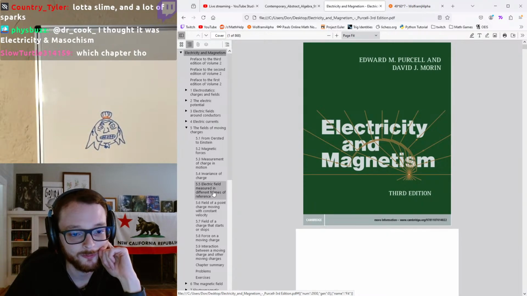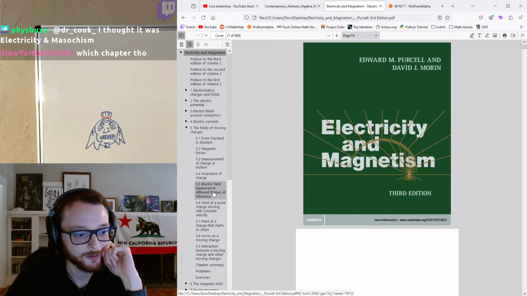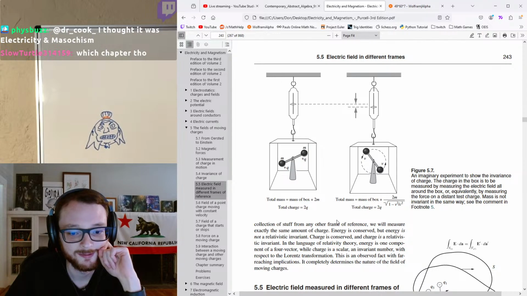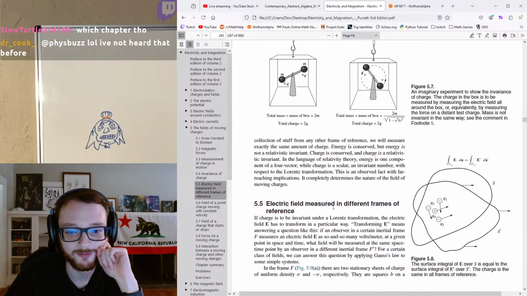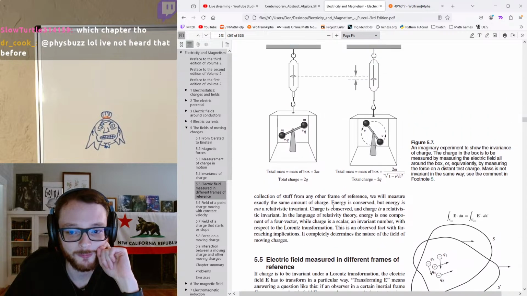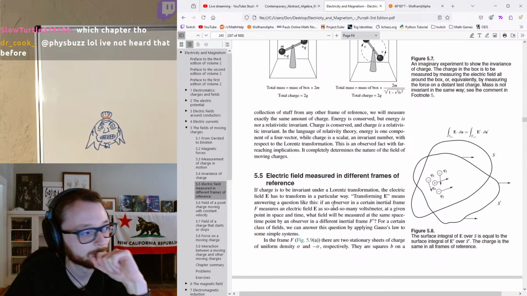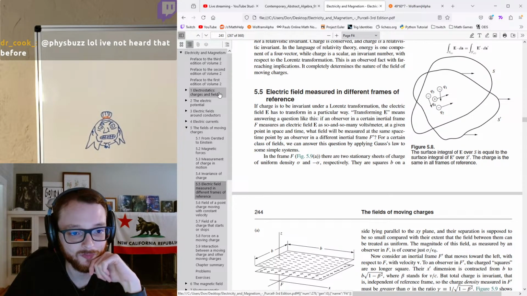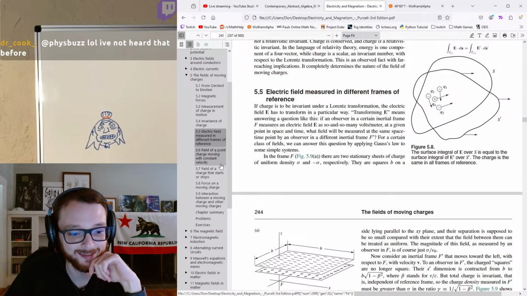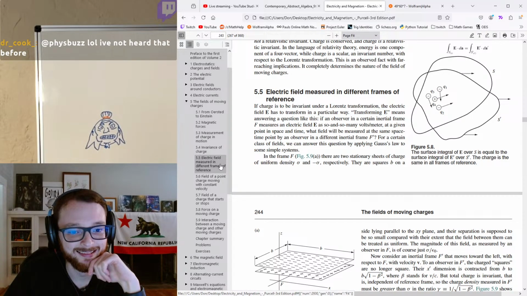And it explains it using special relativity, which I've never studied in my life. So it's kind of crazy what relativity does. The book's been insanely difficult, but this is like a different level.